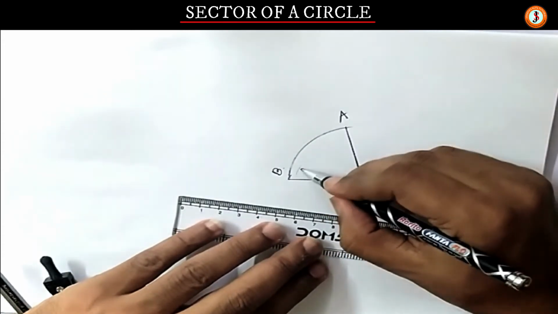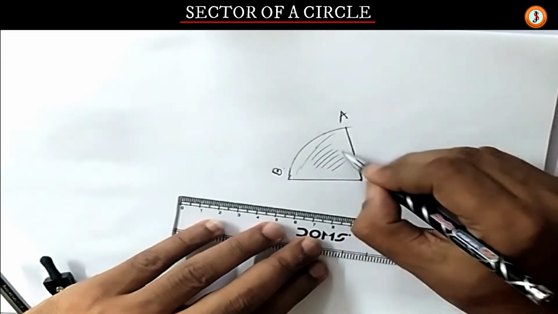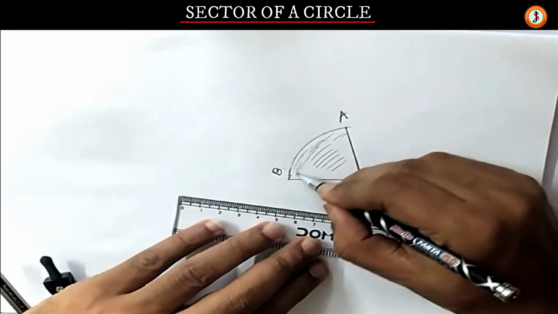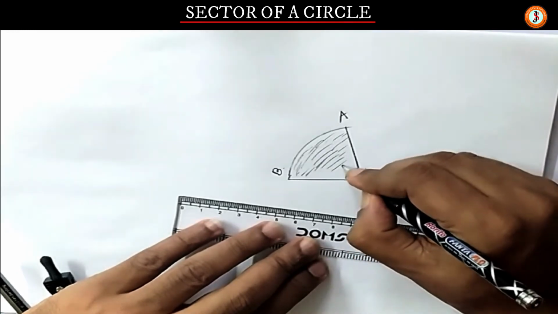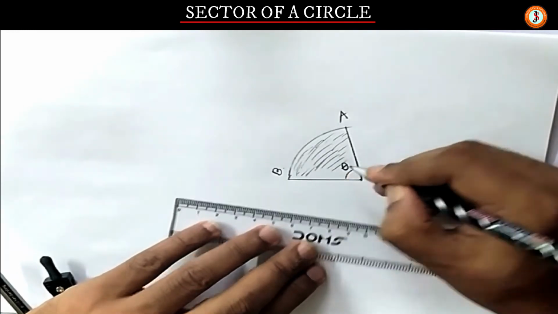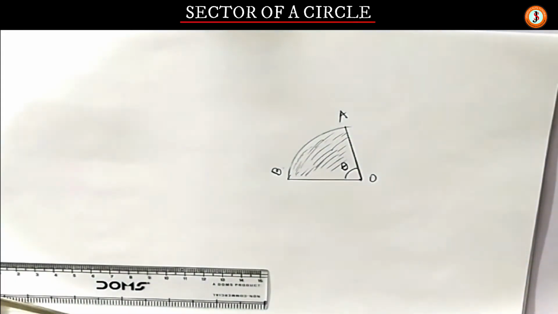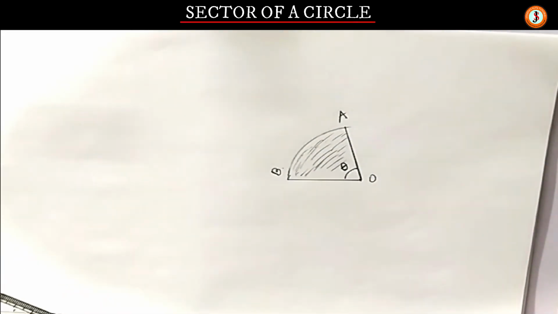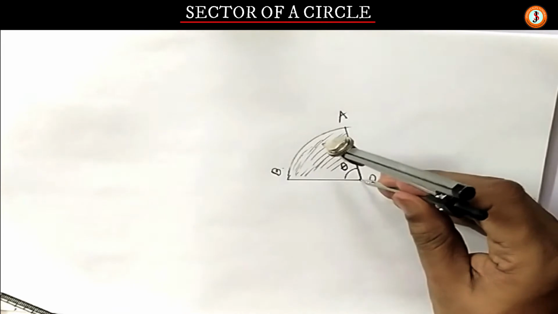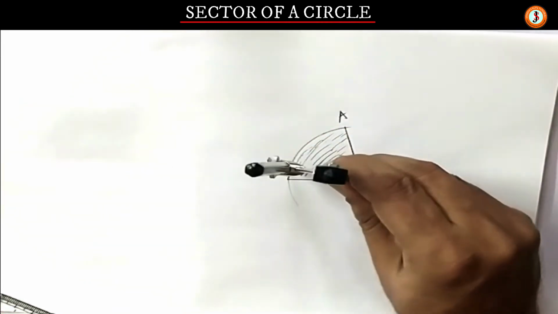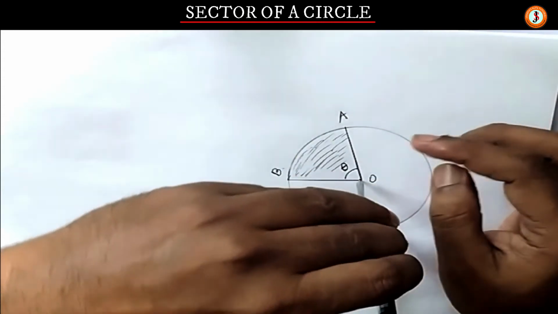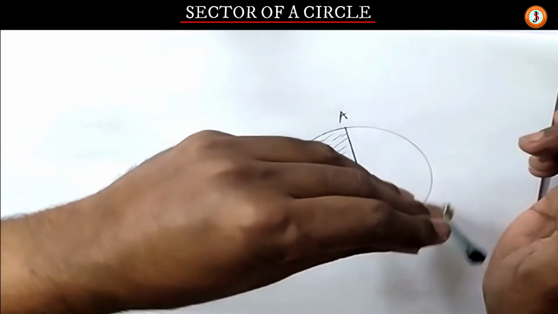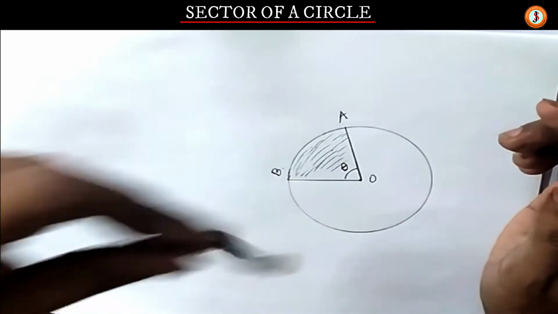Now see, this whole thing is the sector. This is, say for example, any angle theta. So what is the area of the sector? First you have to understand. So to know the sector, I will complete this circle, and I will get the formula using unitary method.